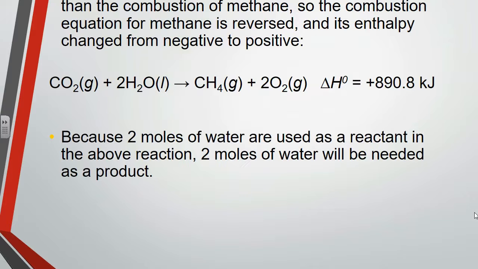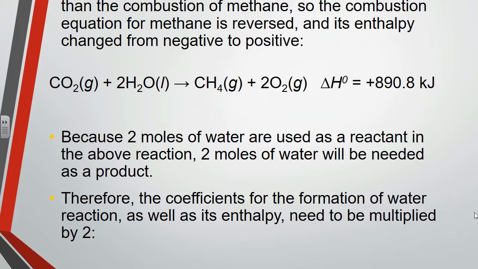All right, so we talked about that first, and we're going to have to flip it. And so you can see that flipped, and that we changed the sign. And then you saw that we had 2 moles of water in the reactant. 2 moles will be needed in the product. And so we're going to have to multiply everything by 2 in order to make that happen. So we have 2 moles of water that needs to happen here.